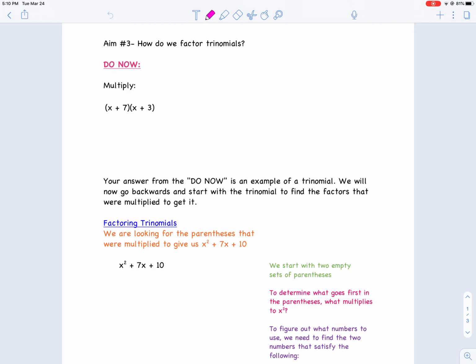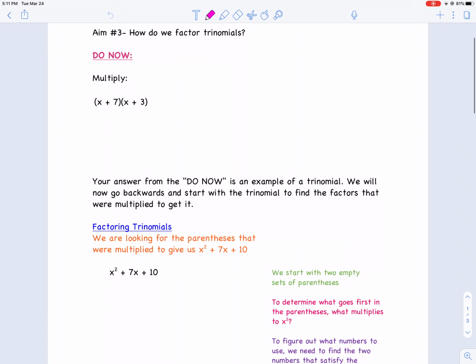When you look at the do now, and this is a basic one, you can either double distribute, which I know a lot of you like, or another method would be to set up the box. x plus 7 times x plus 3.